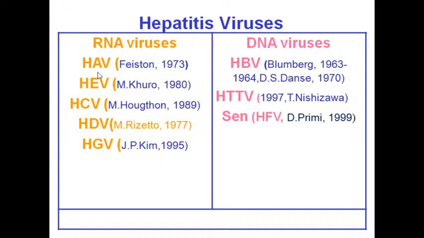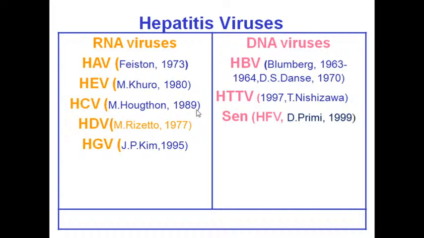Then we have more RNA viruses. Within here we have hepatitis A virus, discovered in 1973 by Feinstone. Hepatitis E virus discovered by Kuroda in 1980.